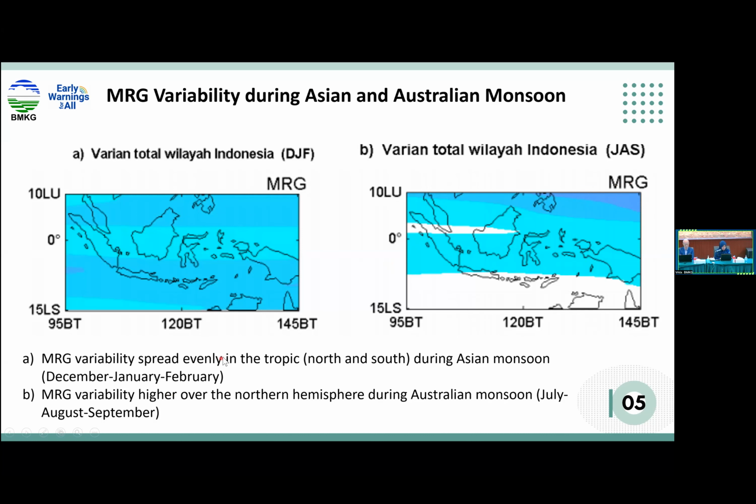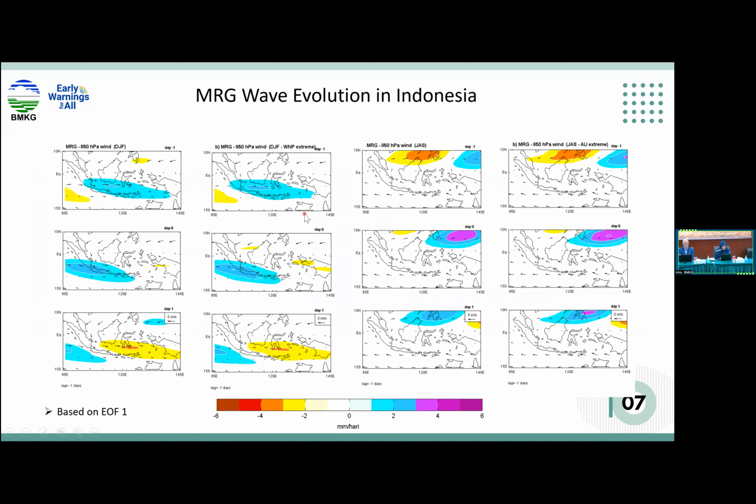Mixed Rossby-Gravity variability is higher over the northern hemisphere during the Australian monsoon, or during July, August, and September. And we can see here during boreal summer, we see quite clear conditions in the southern Indonesia region. And again, I concentrate on the Indonesia region.